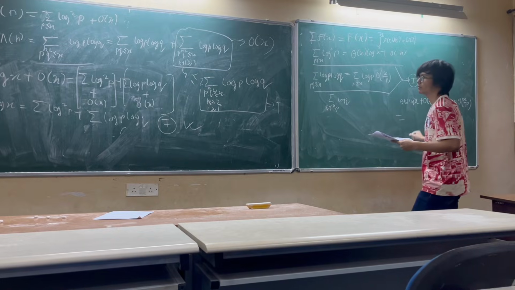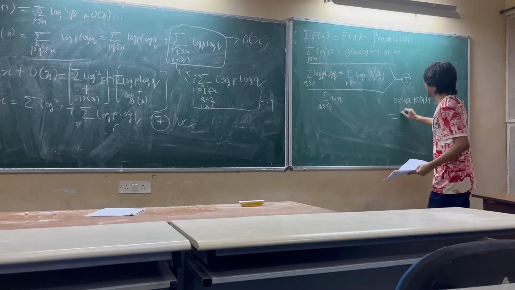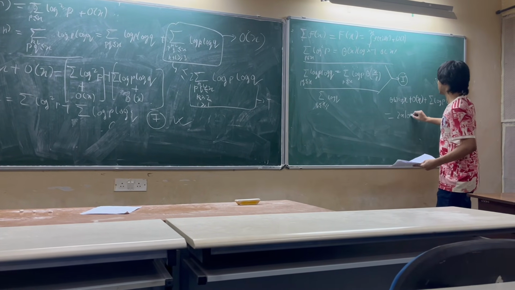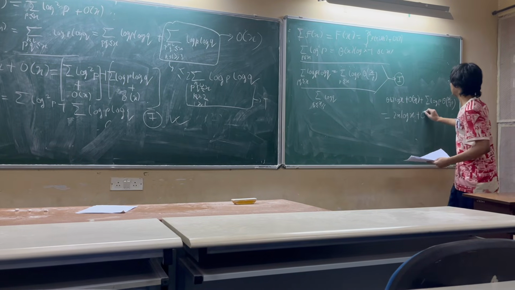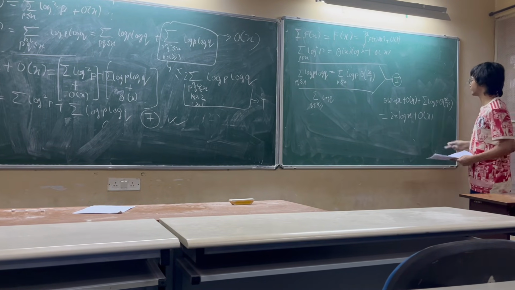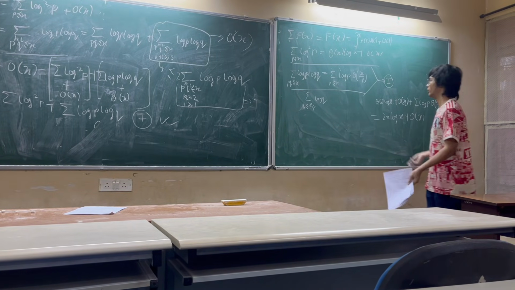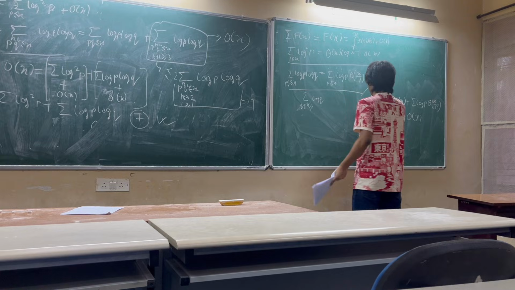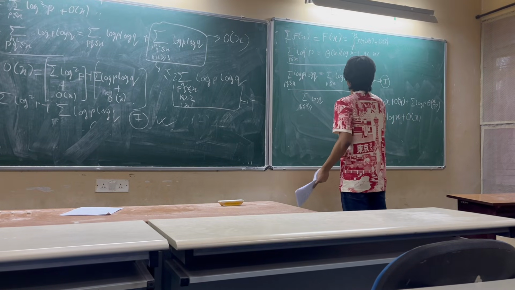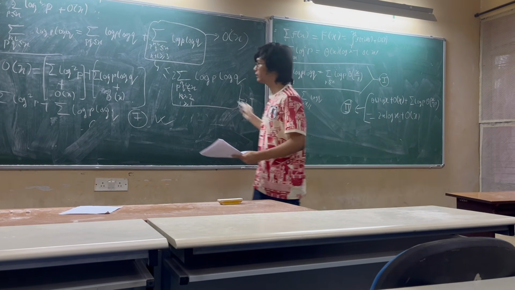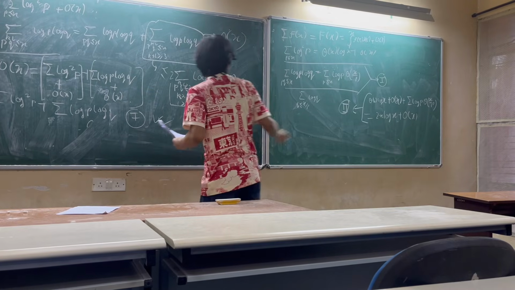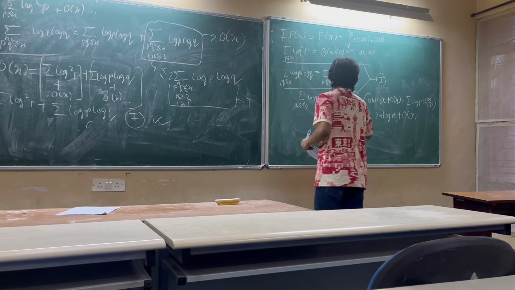By the result of the first formula, this is equal to 2x log x plus something of the order of x. The difference of two order of x functions is another order of x function. So hereby you have the second formula. Using these two insights and the first formula, you can easily get the second formula.